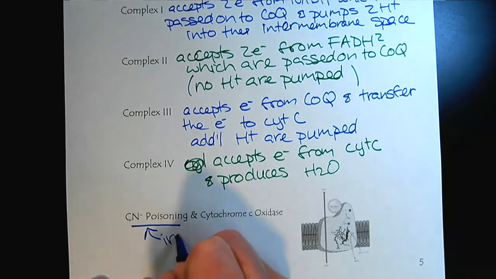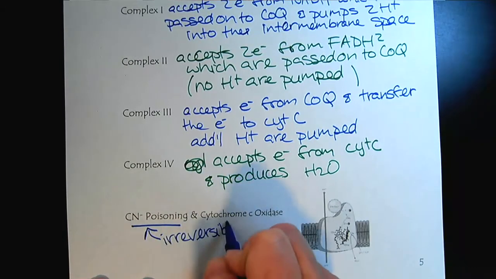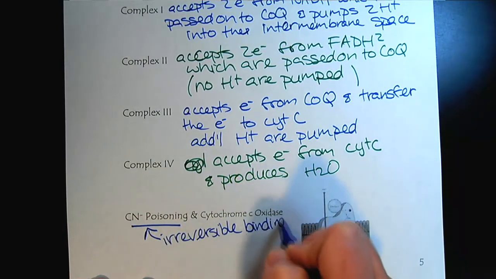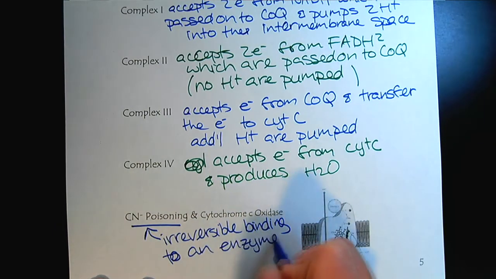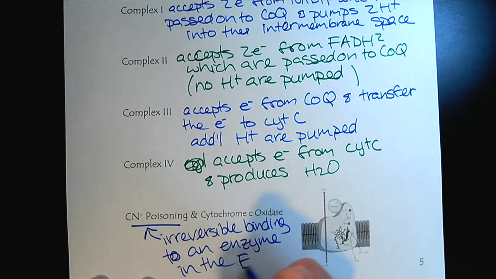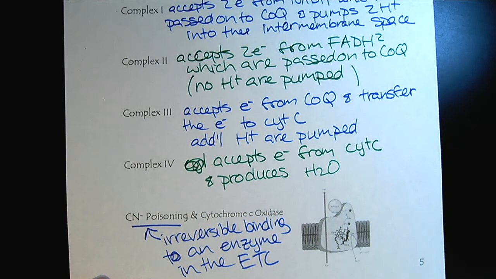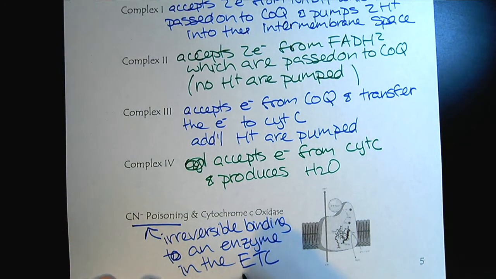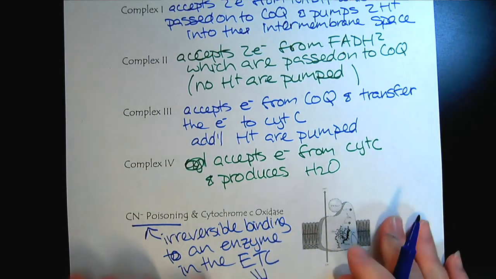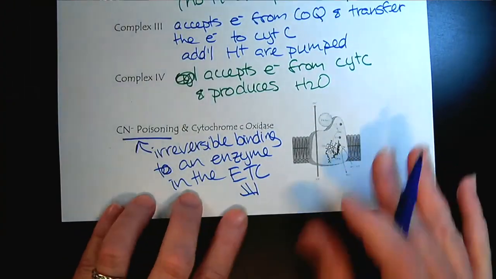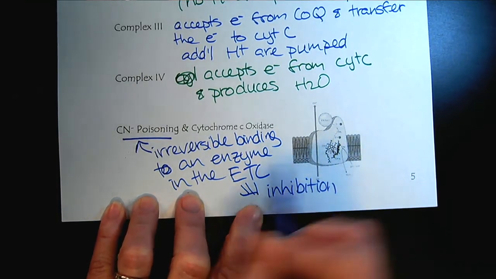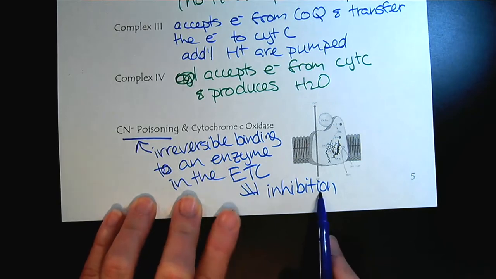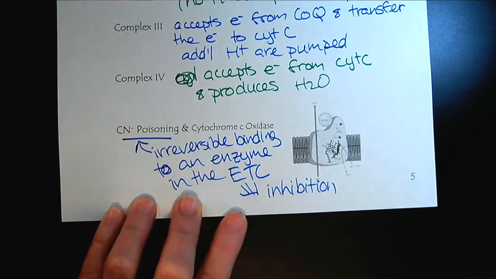So it's an irreversible binding to an enzyme in the electron transport chain, causing inhibition. And because it's irreversible, basically it stops the electron transport chain. There is a treatment.